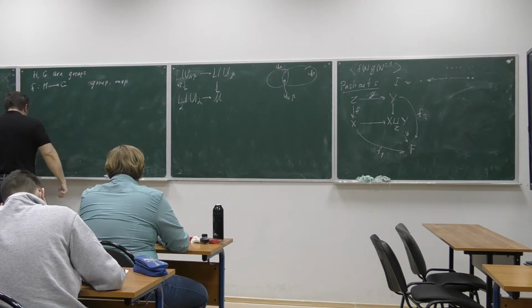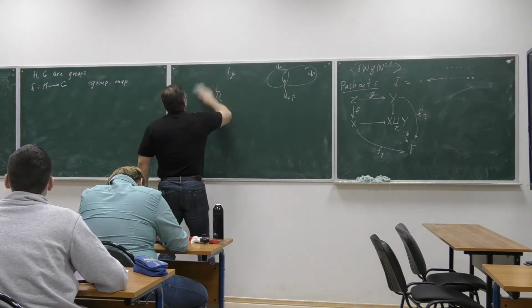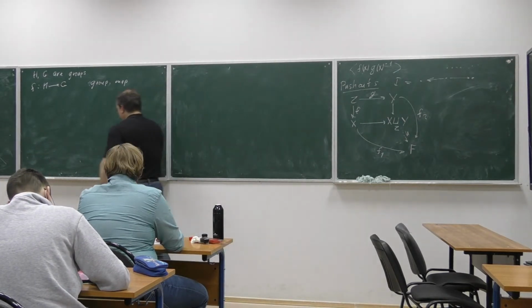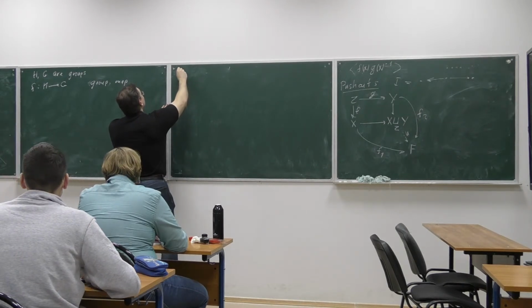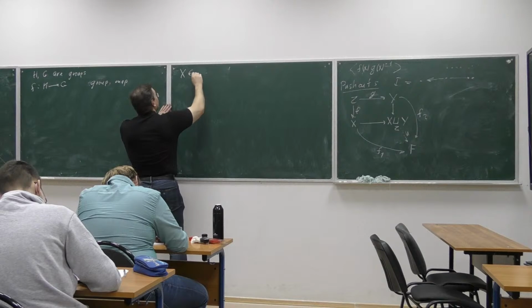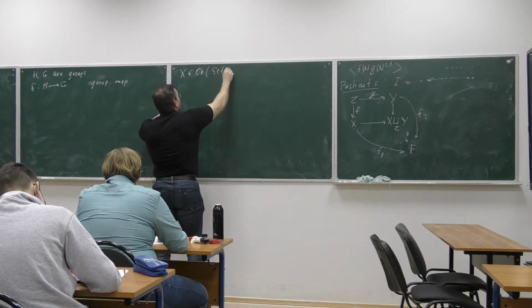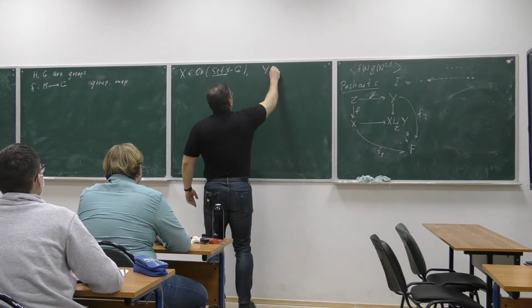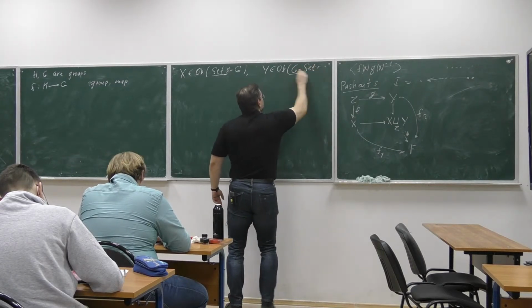Yep. So let's return to this situation in a second. But to think about the situation, I need the following push out. So let X be an object in the category of the right G sets, and Y is an object in the category of the left G sets.